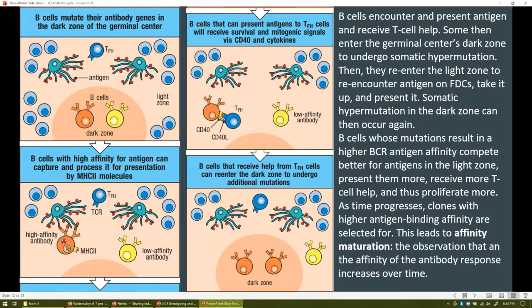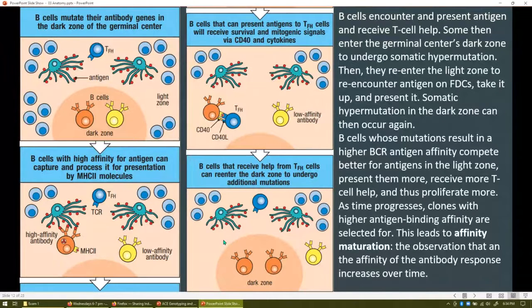They're going to take it up into a vesicle and load it onto MHC2. And then they're going to swing by a T follicular helper cell. They're going to present that antigen to the TFH cell. They're going to receive cytokines in response, and they can then re-enter the dark zone and undergo additional mutations.